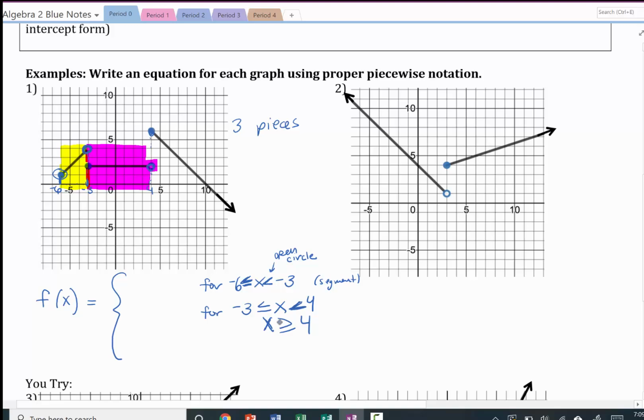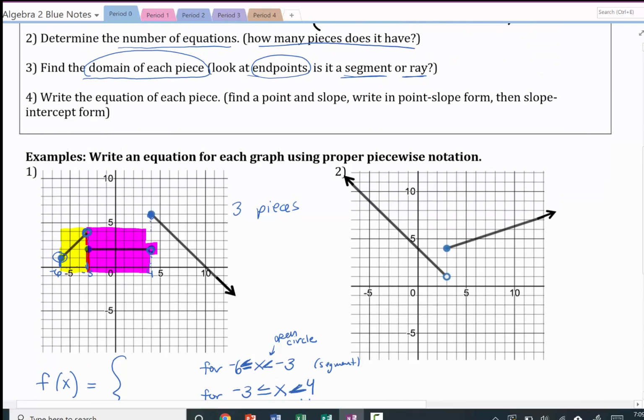So when it's a ray, meaning one-sided, then I always put the x first. And if the ray is to the right of 4, then it would be greater than 4. And if the ray was going the other way, then it would be less than 4. And it's equal to because this is a filled in circle. So greater than or equal to 4.